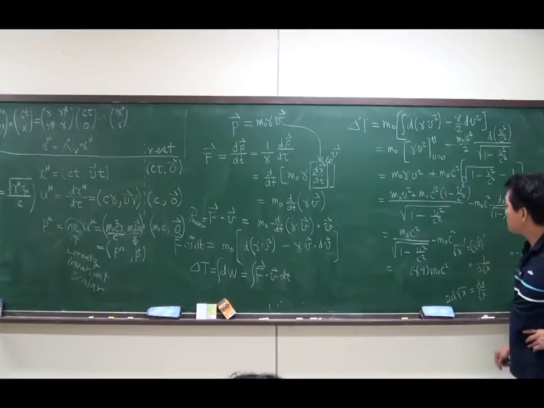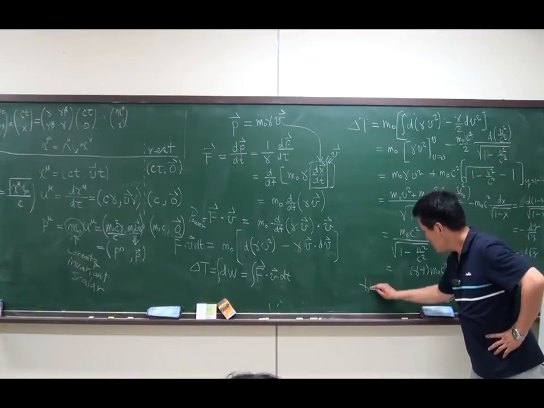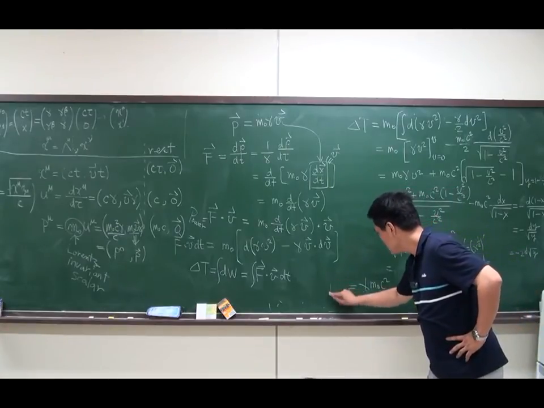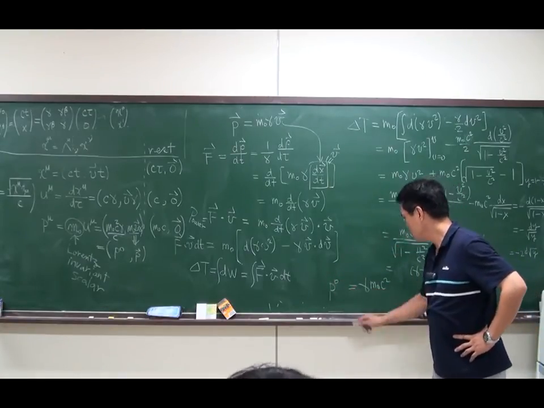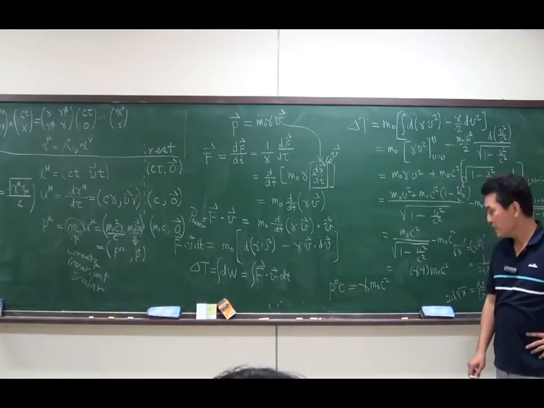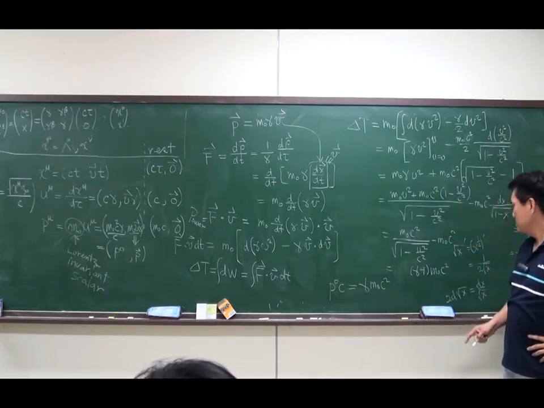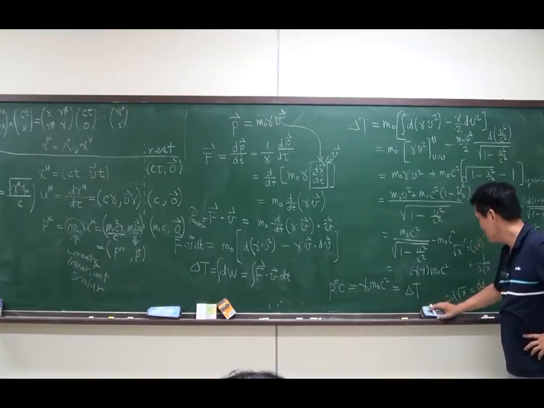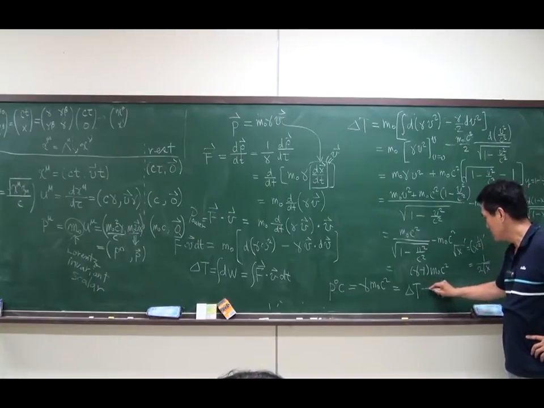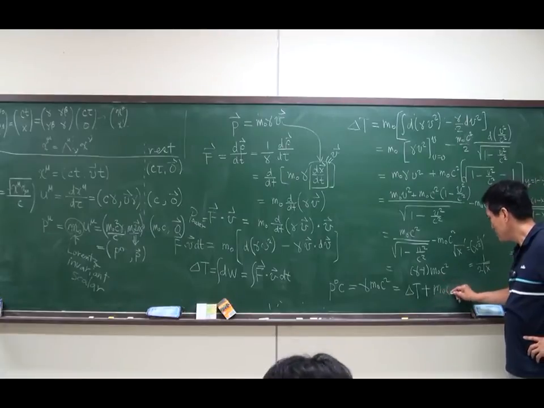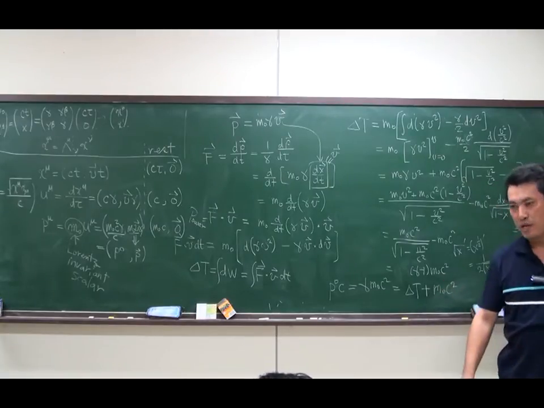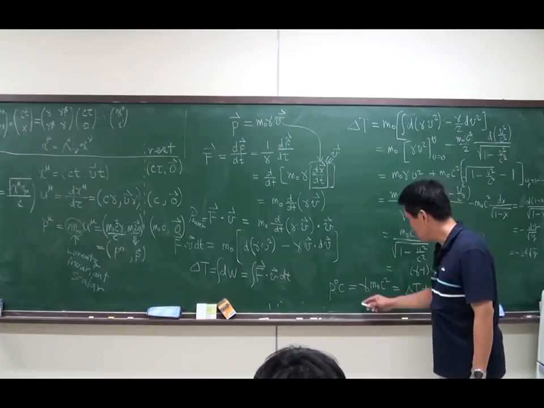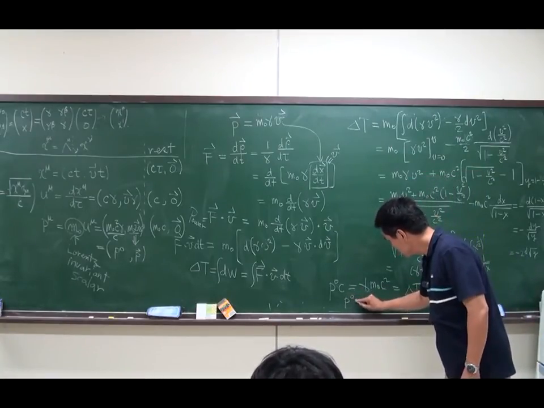This means that gamma m0 c squared, which is the zeroth component multiplied by the speed of light, is the kinetic energy change plus m0 c squared.